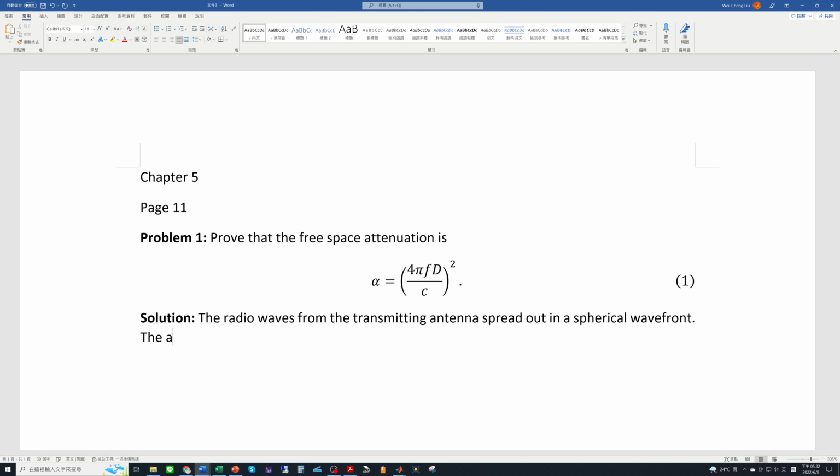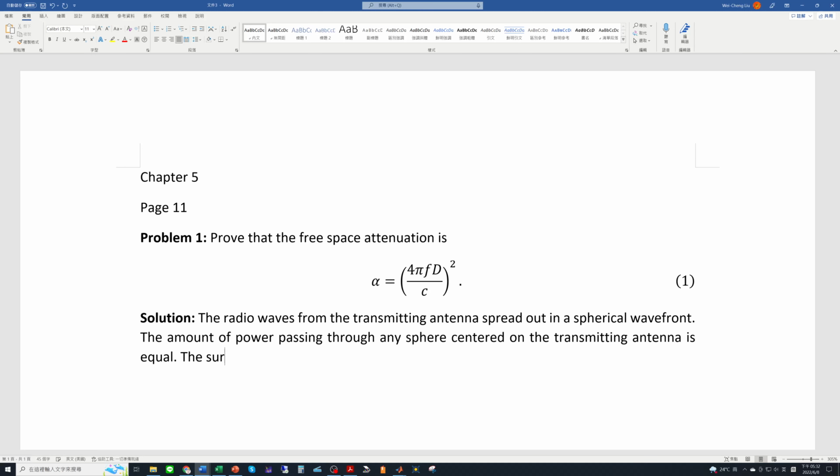The amount of power passing through any sphere centered on the transmitting antenna is equal.